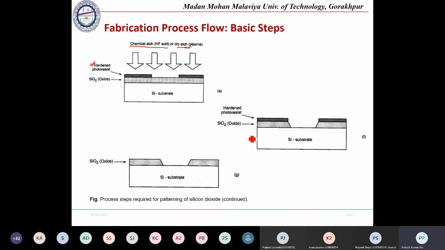Once we have removed the gate region oxide, we will be removing the hardened photoresist. The same method will be used, like chemical or dry etching.